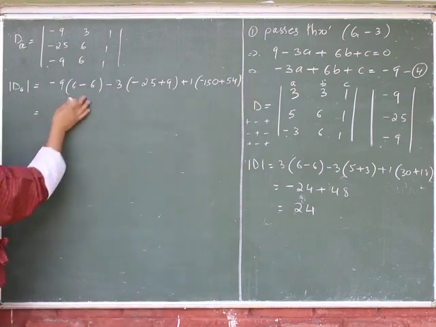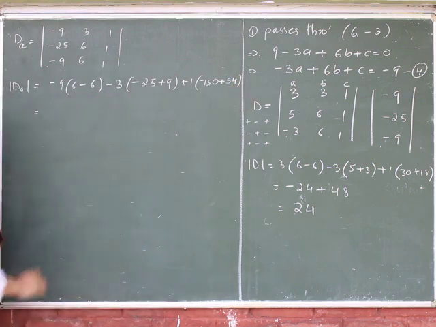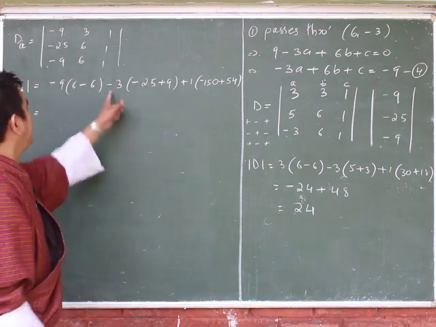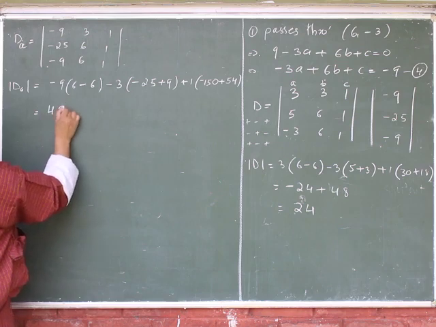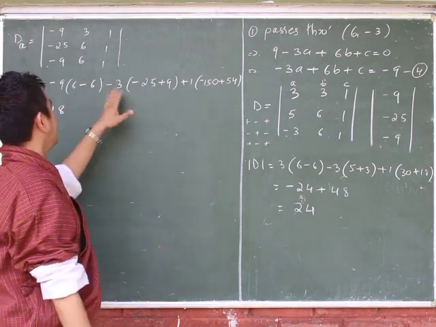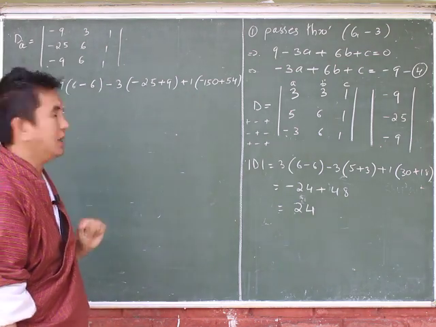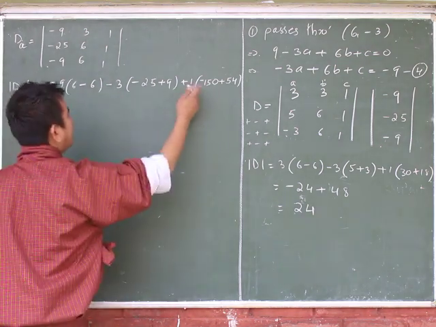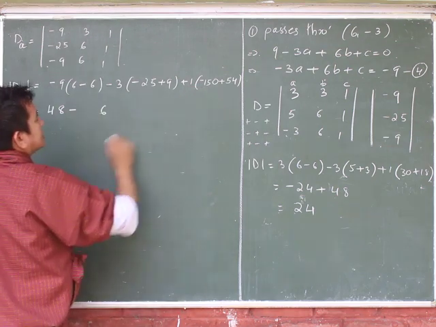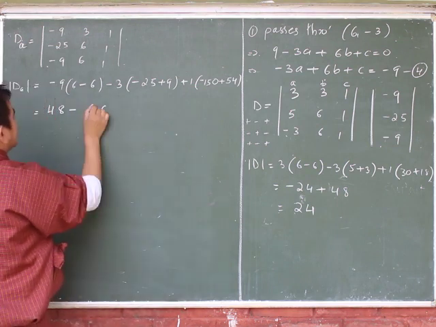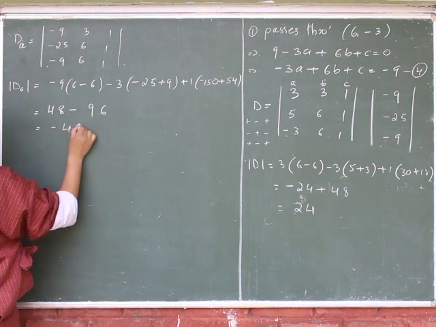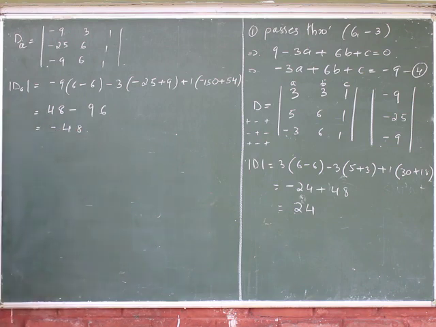We have now, this one is 0, 9 minus 25 is negative 16, negative into negative is positive 48. Then 54 minus 150 will be negative 96, which is equal to negative 48. So this is determinant dA.